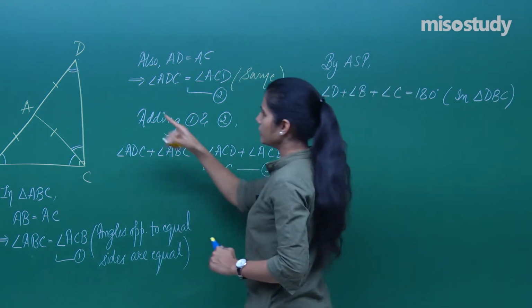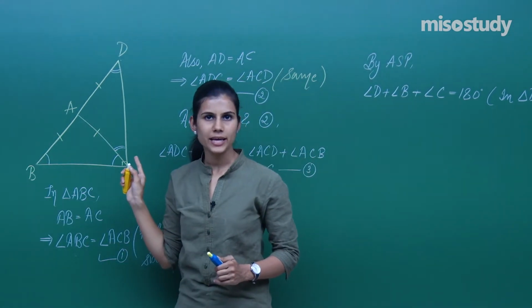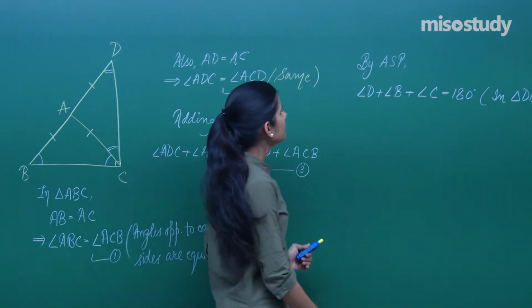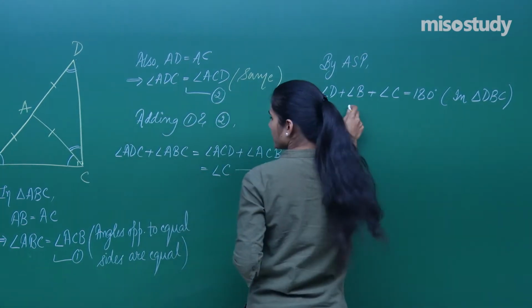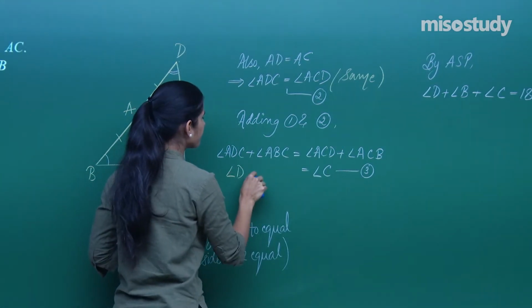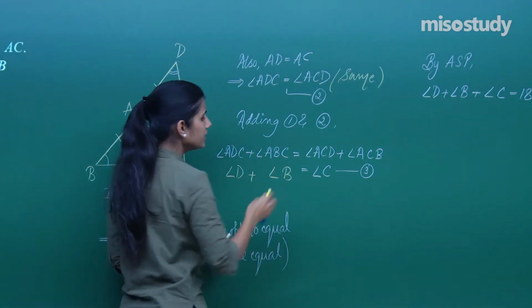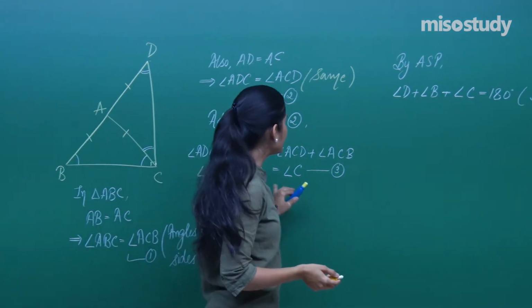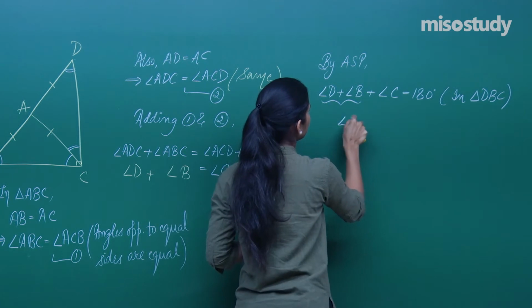Angle at D plus angle at B is this only. ADC is angle at D, ABC is angle at B. You are given by equation 3 that angle at D plus angle at B is angle C. So, this will be replaced by angle C.